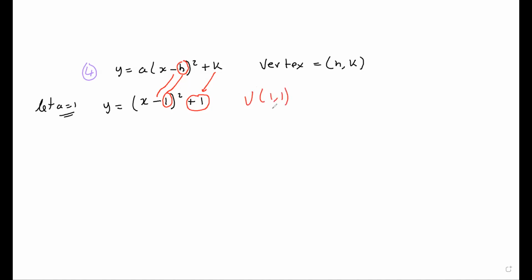So that's the first thing you write down. So just write that down. And we want to draw a quick sketch. Okay, so x minus h, and h is 1, k is 1. So you go 1, 1. So this is going to be your vertex, 1, 1. What I'll do now, I'll put a line of symmetry in too.